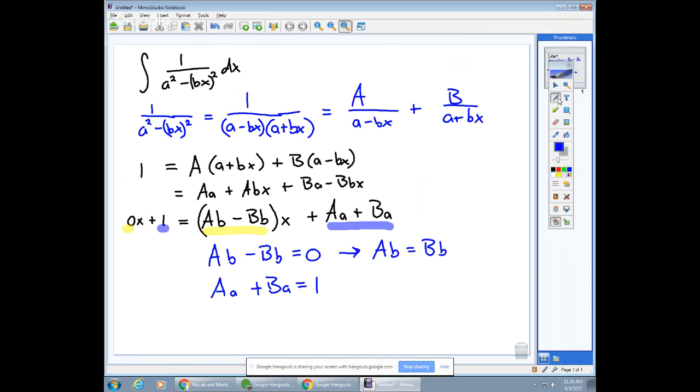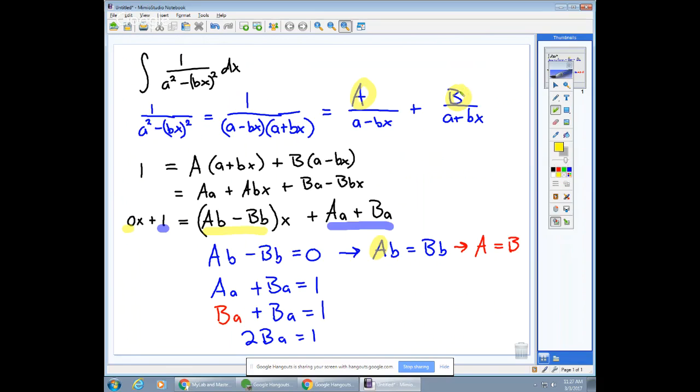And remember, we're trying to figure out what the heck A and B are. So for example, I want to solve for that big A there, so I would divide both sides by little b. That's nice, isn't it? That tells me that capital A has to equal capital B. So if I substitute that into this equation over here, replacing capital A with capital B, I get capital B a plus this capital B a equals 1, which means I have 2 capital B a's equals 1.